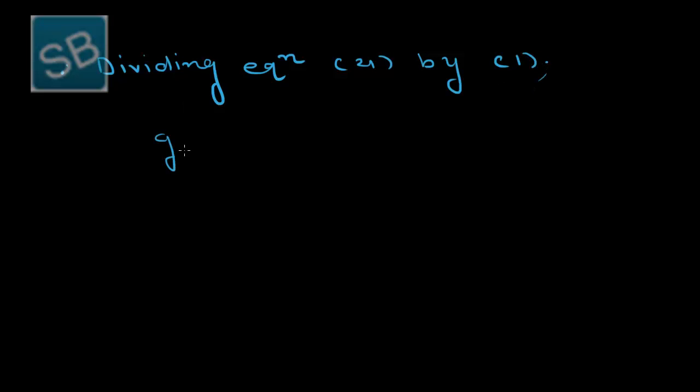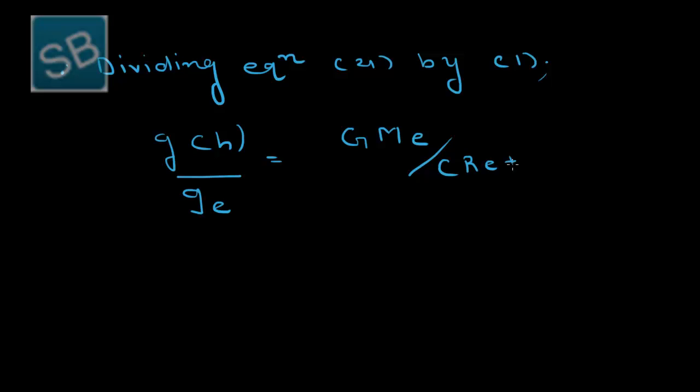Therefore, we will get g at h divided by g at E, means Earth surface, is equal to the value of g_h, which is G M_E over R_E plus h whole square, divided by G M_E divided by R_E square.